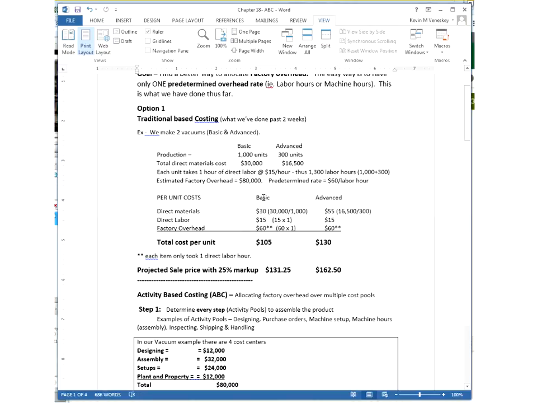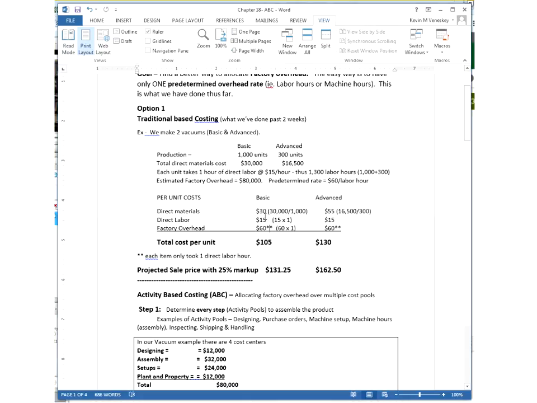All right, so let's look at how much total cost it takes to make a basic vacuum here. I told us it was $30,000 in direct materials. Spread that over 1,000 items, and that's $30 a piece. And then I told us it takes 1 hour of labor at $15, so that's $15 added into the total cost.